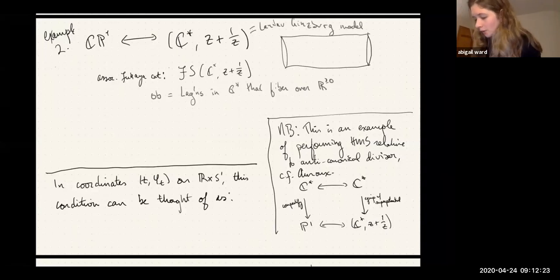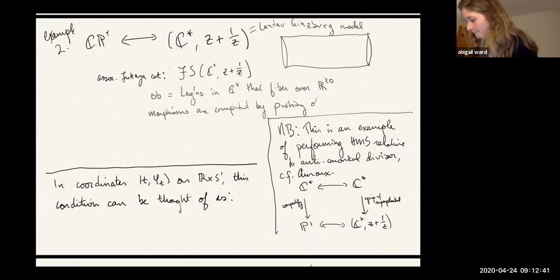And then the morphisms are computed by, this is very, very loose, pushing off at the end.